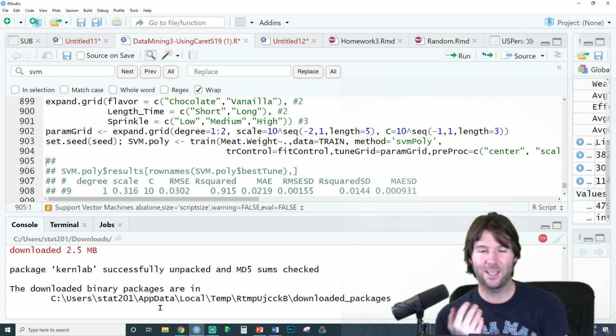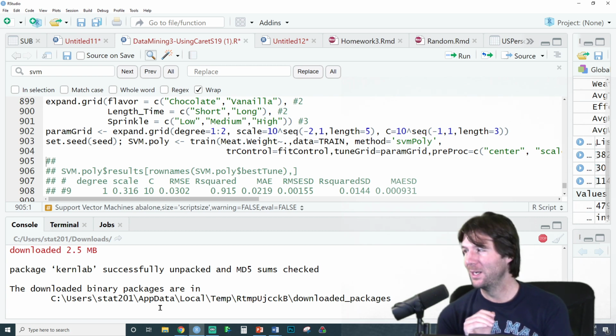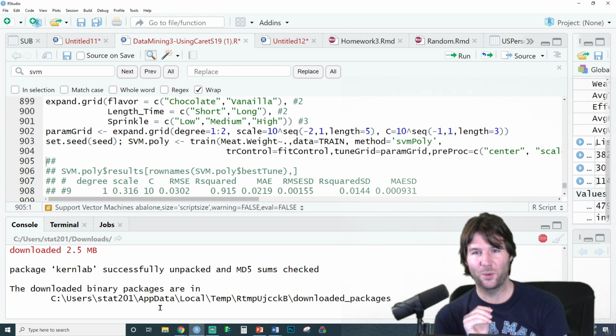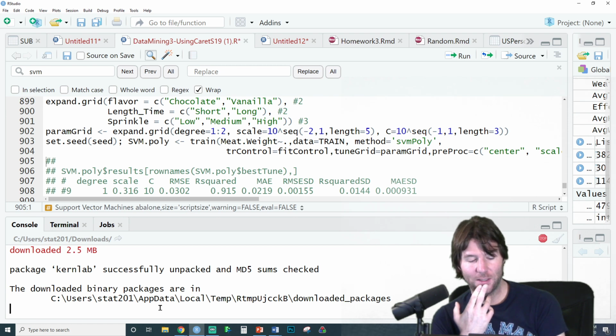We would be kind of stuck, not stuck, but we would be like, oh, I guess we have to do regular old regression, or I guess we could do elastic net, which is your GLM net. So GLM net is the lasso ridge trade-off regression where you have your alpha and your lambda, and those would be tuning parameters.